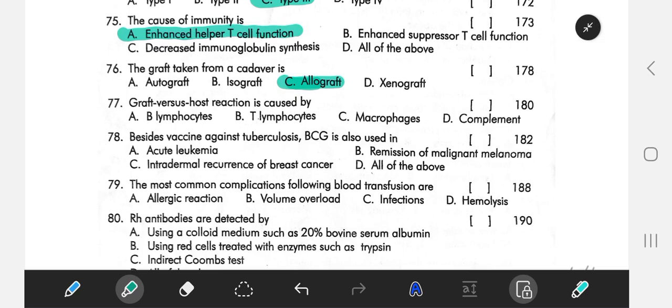Answer will be B, T lymphocyte. Graft versus host reaction is caused by T lymphocyte.